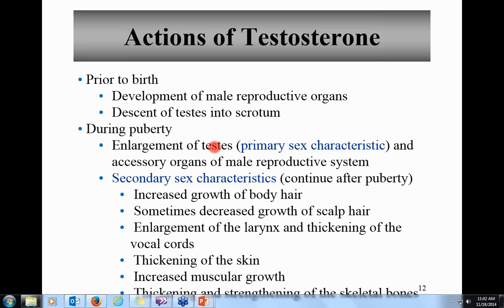At puberty, you get the enlargement of the testes, which is the primary sex characteristic. And then you get the secondary sex characteristics, which is what we associate with maleness: body hair, facial hair, perhaps balding, deepening of the voice, increased muscle growth, strengthening and thickening of skeletal bones, and changes in skin.